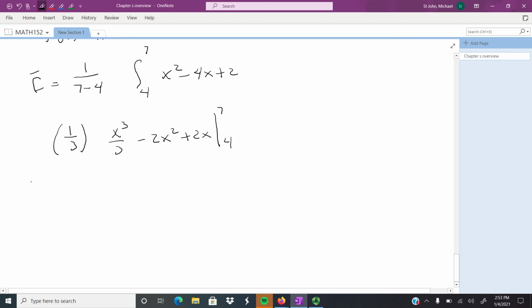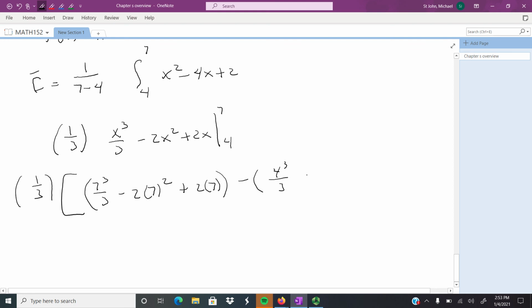So we have 1/3 up front, and now we plug in: 7 cubed over 3 minus 2 times 7 squared plus 2 times 7, minus 4 cubed over 3 minus 2 times 4 squared plus 2 times 4.